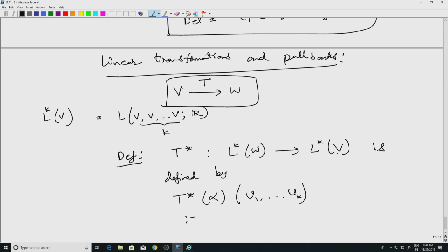And I define it to be, so I started with alpha in L^k(W), so I define it to be alpha of T of V1, T of Vk.